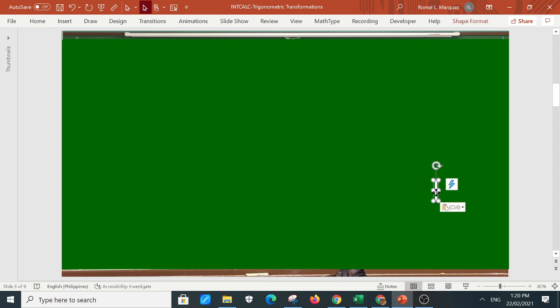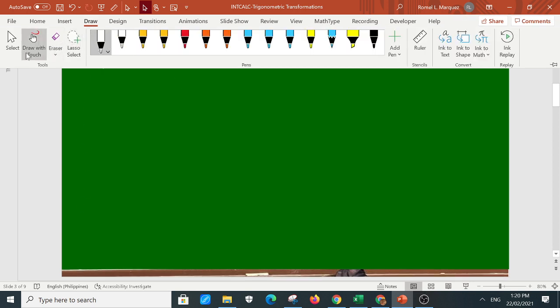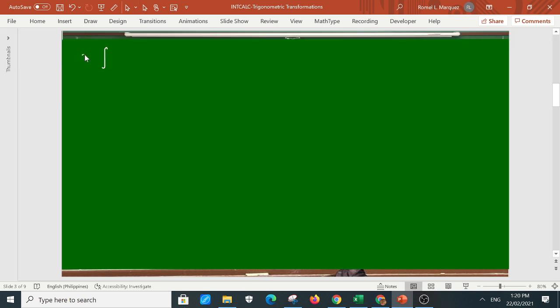So let's say we're given this integral, and I think we need much space. So we have what number now? 2.